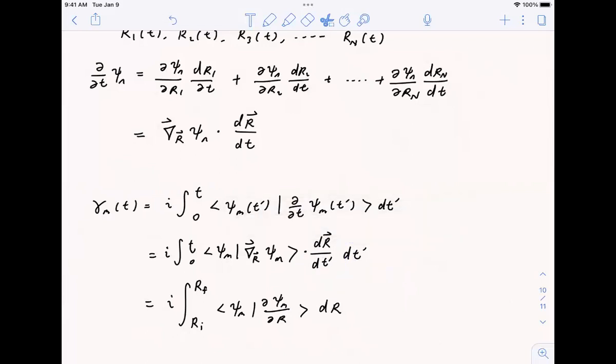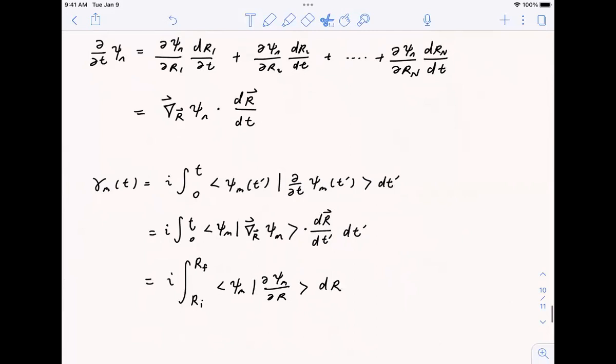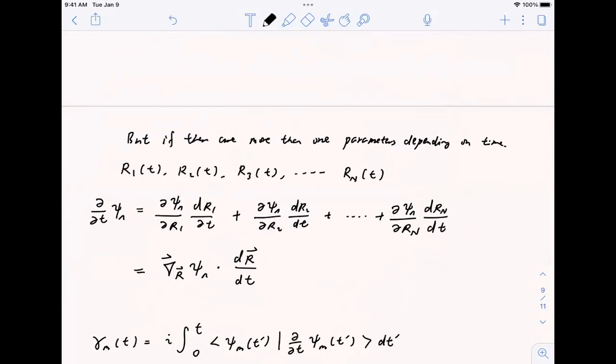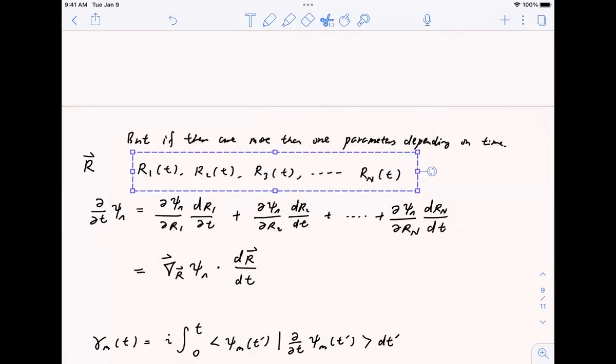Eventually you add the arrow here, so this one becomes just dR vector, and the initial to final time integral eventually becomes from initial R to final R. You can call this a vector.